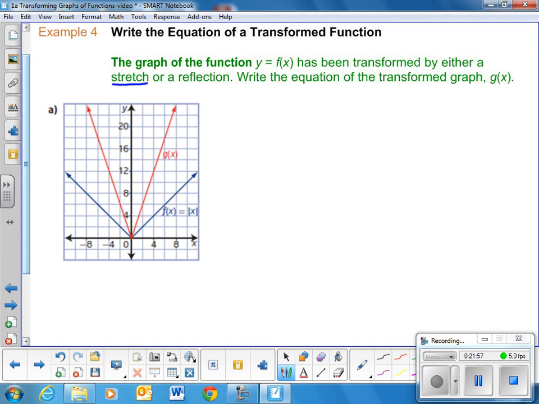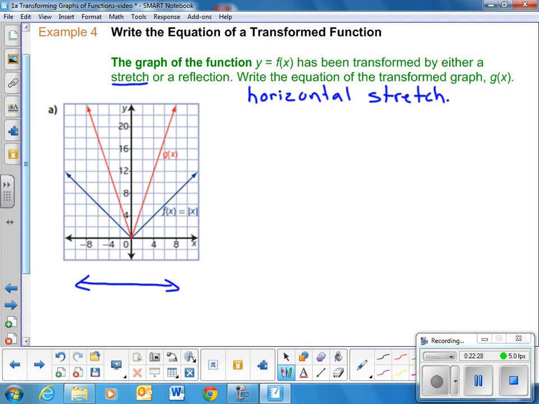This stretch could have taken place either horizontally or vertically, and in fact with this graph we can look at it both ways. So let's first of all look at what happens if we assume that this has a horizontal stretch. A horizontal stretch means that those points have moved in this direction, either in or out.